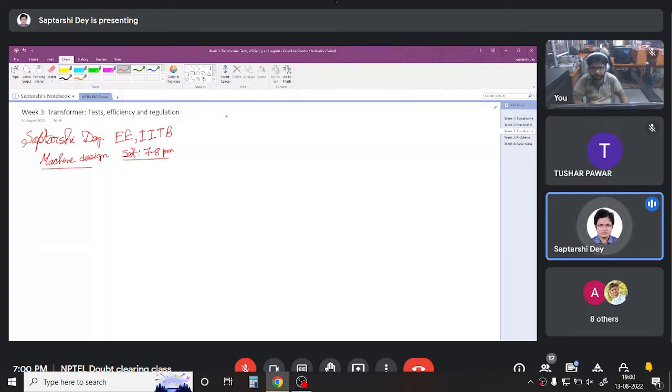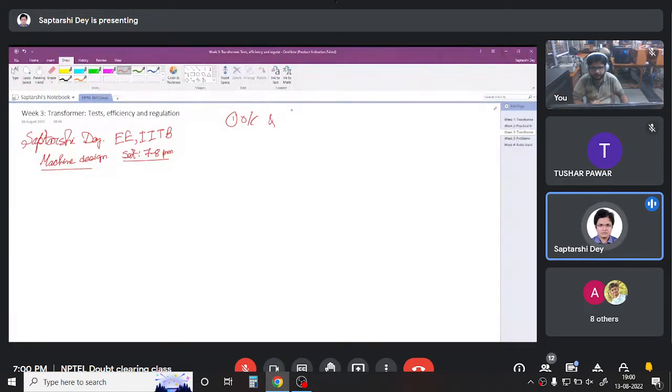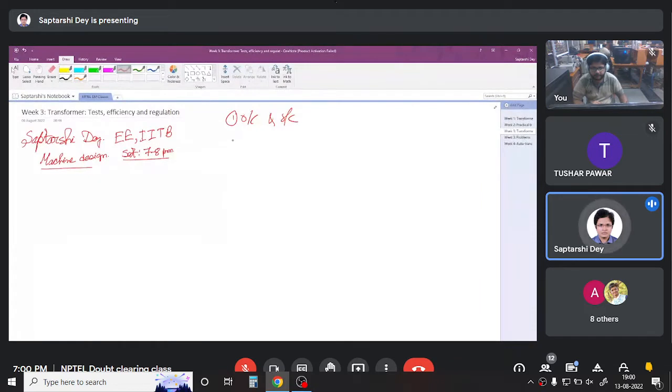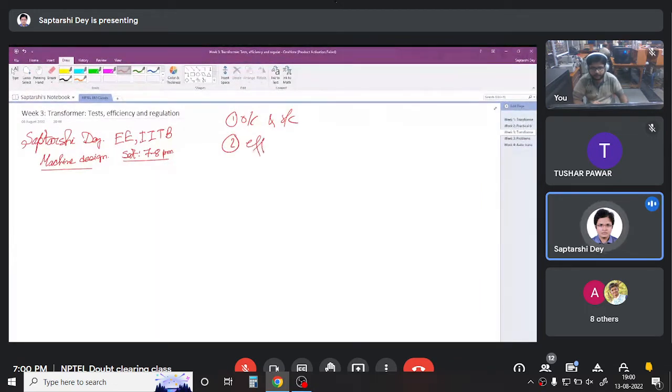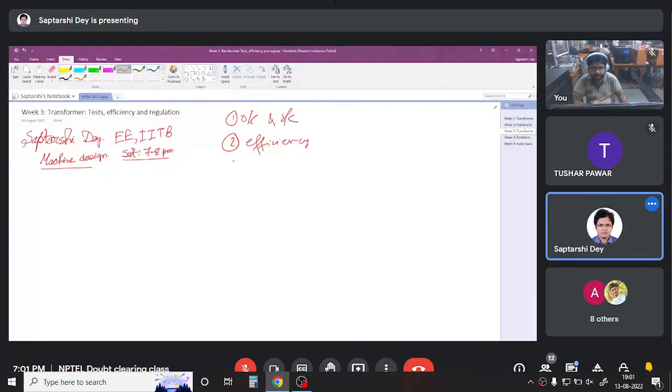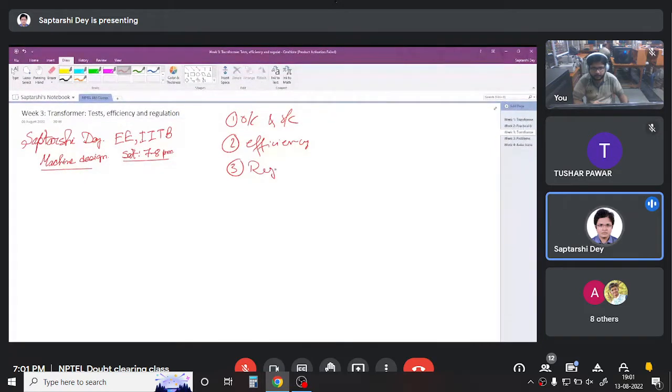In the last week, there were mostly three topics covered. They are the open circuit and short circuit test, the second one was efficiency, and the third part that was covered was voltage regulation of transformers.